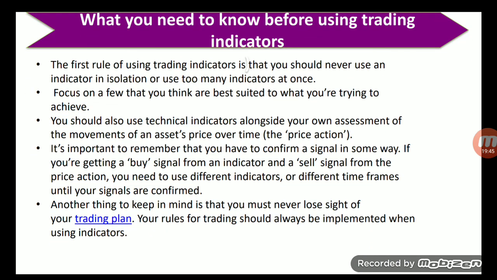The precautions you should take while using these indicators, what you need to know before using trading indicators. Number one, the first rule of using trading indicators is that you should never use an indicator in isolation or use too many indicators at once. Do not depend on any indicator in isolation. You should use multiple indicators and confirm your trend. If you depend only on one, then it will be dangerous, or it can mislead you.